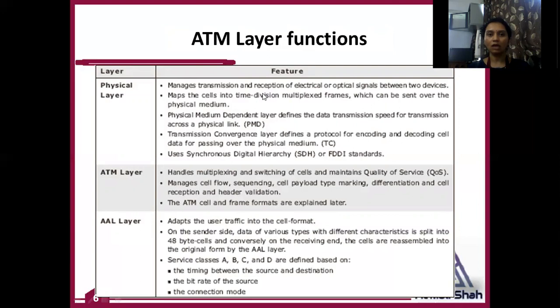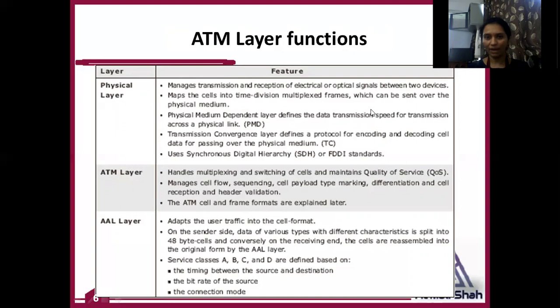Now these are the functions of each layer. What is the functionality provided by each particular layer? First is the physical layer. It manages the transmission and reception of electrical and optical signals between two devices, and maps the cells into a time division multiplex frame which can be sent over the physical medium.